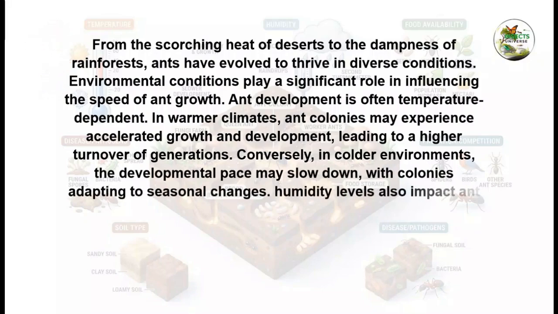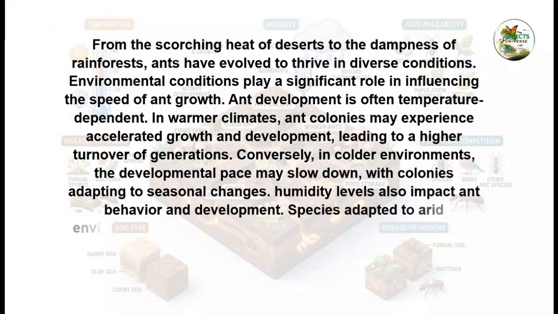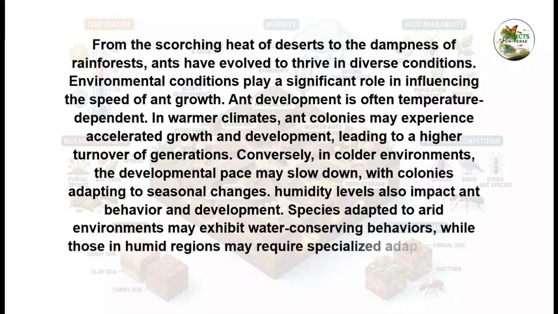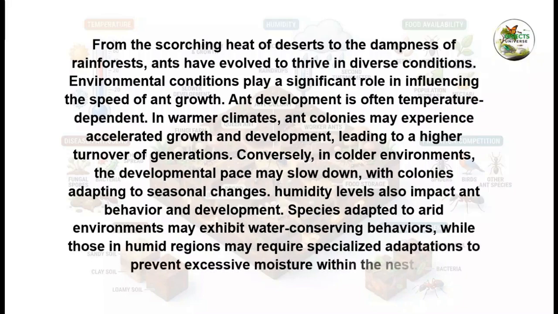Humidity levels also impact ant behavior and development. Species adapted to arid environments may exhibit water-conserving behaviors, while those in humid regions may require specialized adaptations to prevent excessive moisture within the nest.